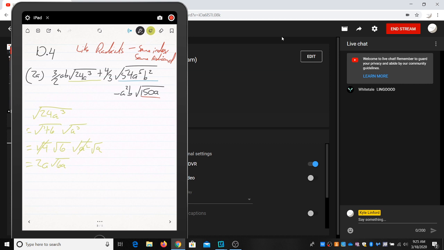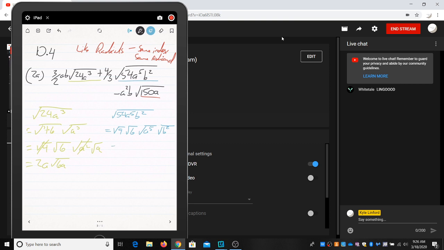Let's see if we can do that for the other ones. Let me try to move some of my work over here, and let's do the square root of 54, a to the 5th, b squared. Now 54, let's see, I think that has factors of 9 and 6, yeah. So let's do the square root of 9, the square root of 6, the square root of a to the 5th, and the square root of b squared.